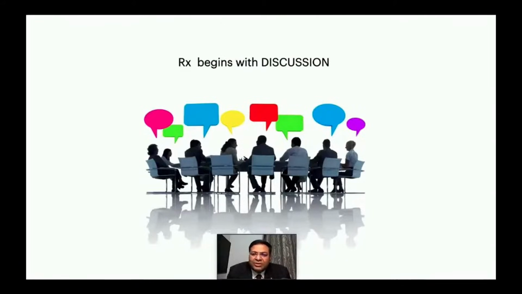It will have the radiologist, the medical oncologist, the surgical oncologist, and everyone will sit together, discuss the case, and decide on the course of treatment. How your treatment is going to proceed is decided by a group of doctors. That makes the decision complete, evidence based, and approved by everyone.